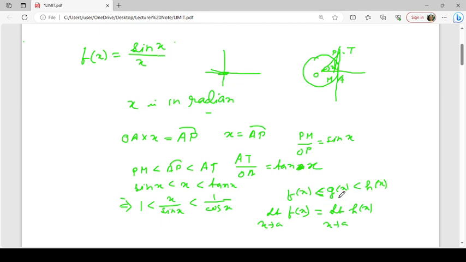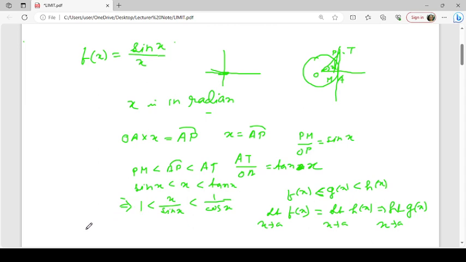We don't know the limit of g(x) as x tends to a, but if they are equal, then we say the limit of g(x) as x tends to a is the same value. So this theorem we are applying here.